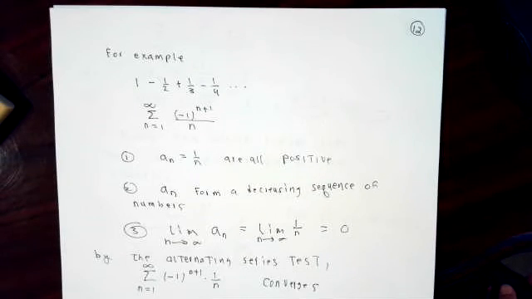As an example, think of 1 minus 1/2 plus 1/3 minus 1/4 plus 1/5, and so on and so forth. You can write that in sigma notation if you feel like it. The positive numbers involved are a_n equals 1 over n. Obviously, all of those are positive.